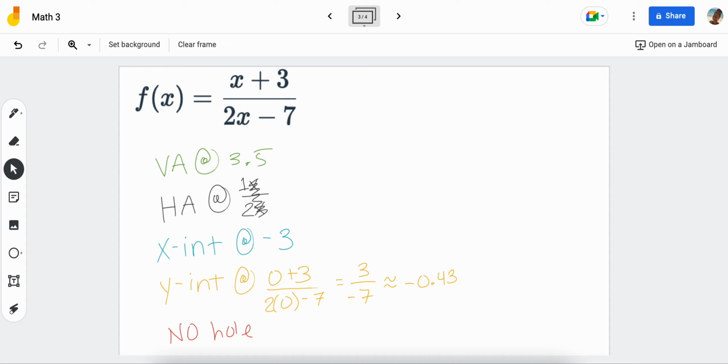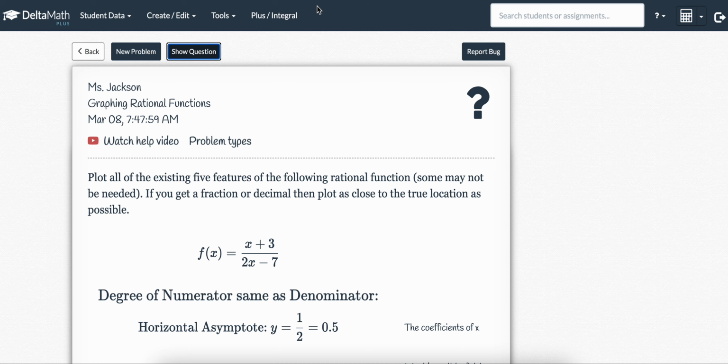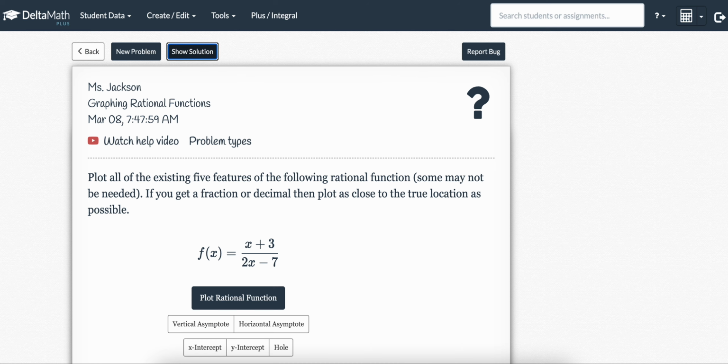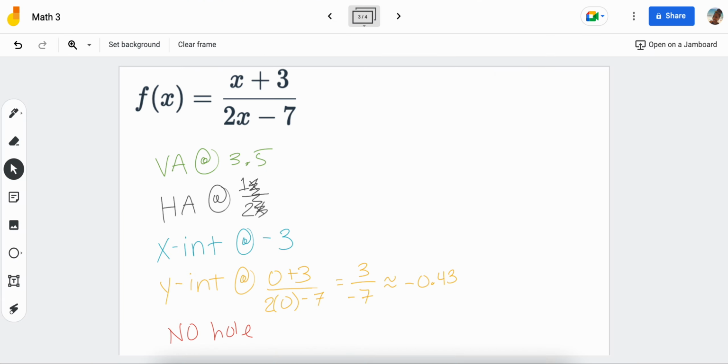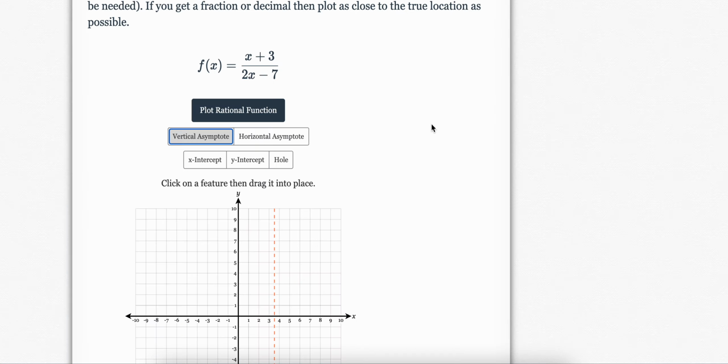So now we have all of our different features. And so I'm going to plot this on Delta Math, right? So we have a vertical asymptote at 3.5. I'm going to click on vertical asymptote and drag it to 3.5 approximately. We said we had a horizontal asymptote at 1/2. Drag that to 1/2 approximately.